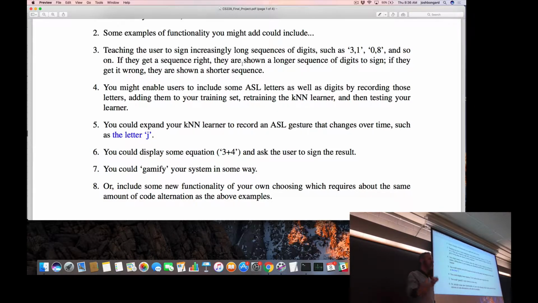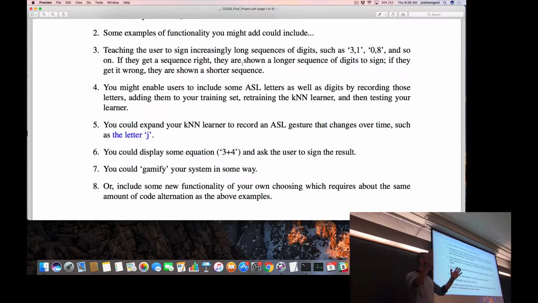So you might flash up 3, 1, 4, and they need to sign 3, 1, 4, within some time period. As they get better at that, you might increase the sequences that are shown. If they're making more and more errors, you might decrease the sequence back to just single digits.